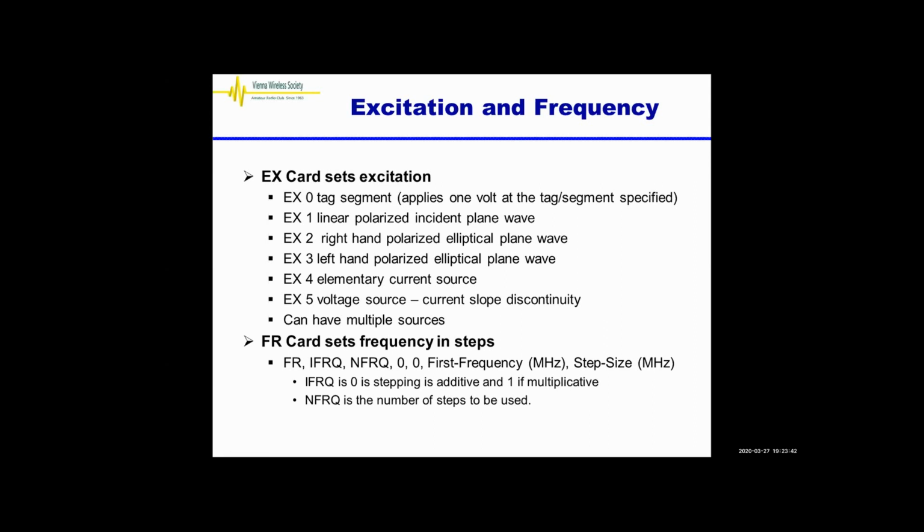For example, if I want to go 7 to 7.3 megahertz in 0.1 megahertz increments, I would probably put in a value of 4 here. And then you put in the first frequency that you want, the lowest frequency basically, like 7 megahertz, and then the step size would be like 0.1 megahertz. So that's how I tell it to scan in frequency and compute results for different frequencies as we go through.